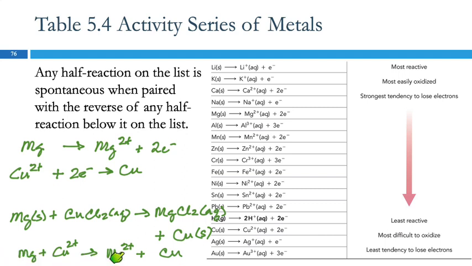So they go to the party, and what this is predicting is that magnesium is going to leave charged up because he's got the girl, and copper's going to be flat, 0, because he goes home by himself. And so to predict whether that is spontaneous or not, whether that reaction will happen, we look at the list and see, well, is the girl going to like magnesium better than copper? Yes, the reaction will happen.